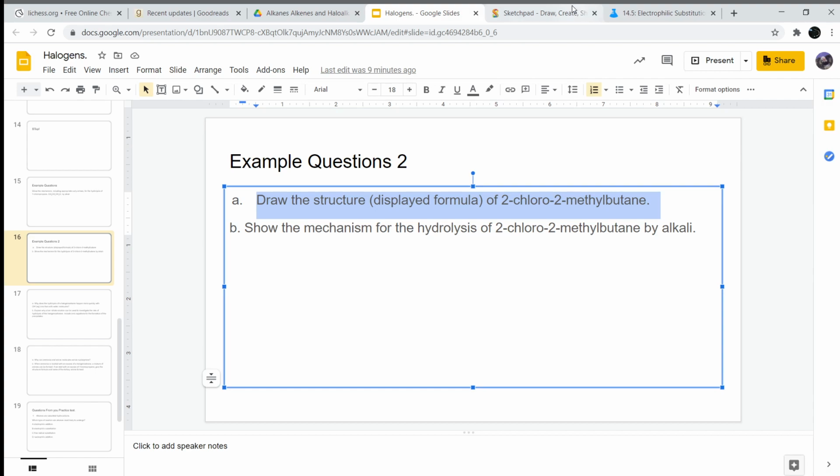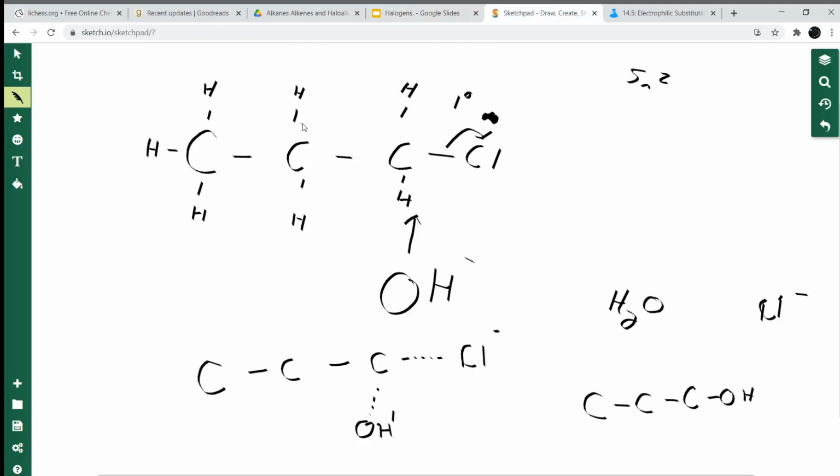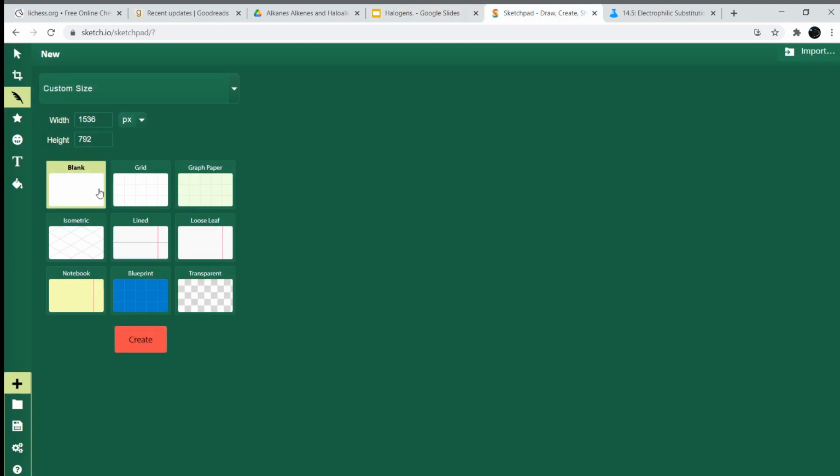Let's get rid of all of this right here. So butane, 4 carbons, 2-chloro, 2-methyl.